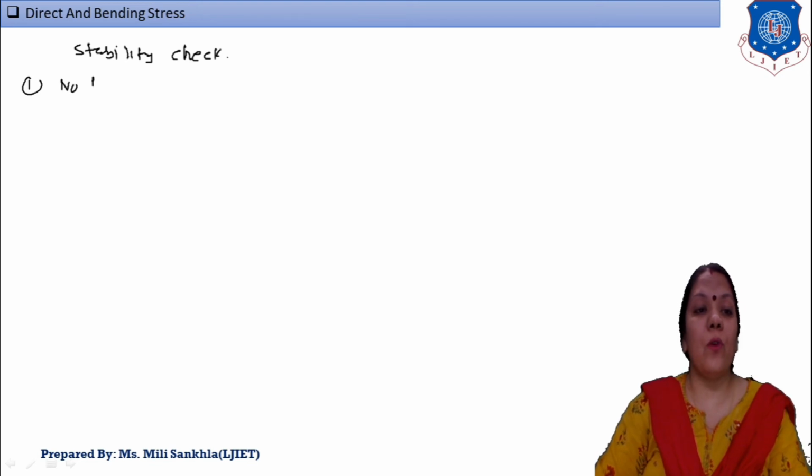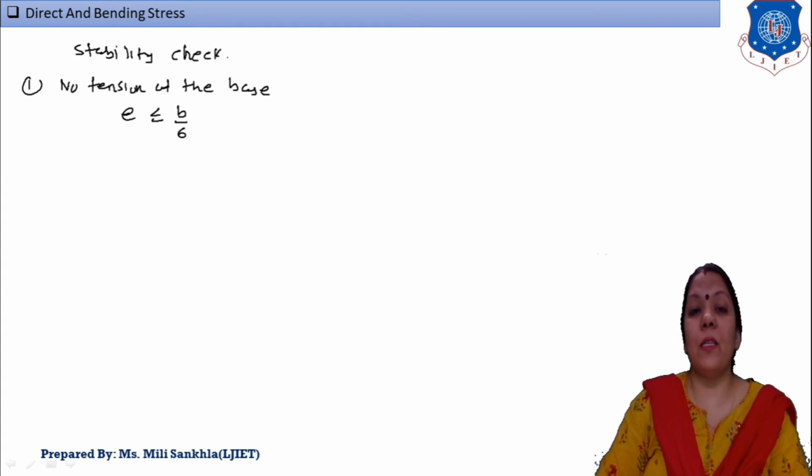Now our first stability check is no tension at the base. Right here, no tension at the base. And for that E less than or equal to B by 6. Now what is the value of E?